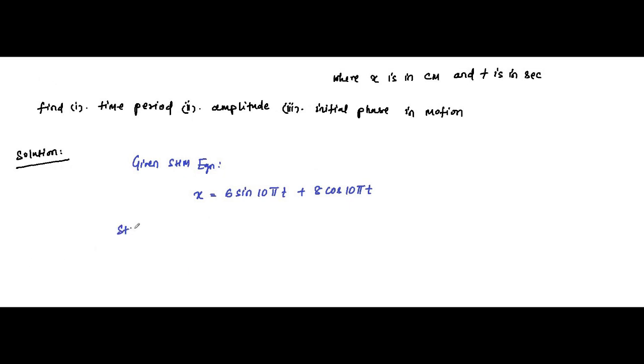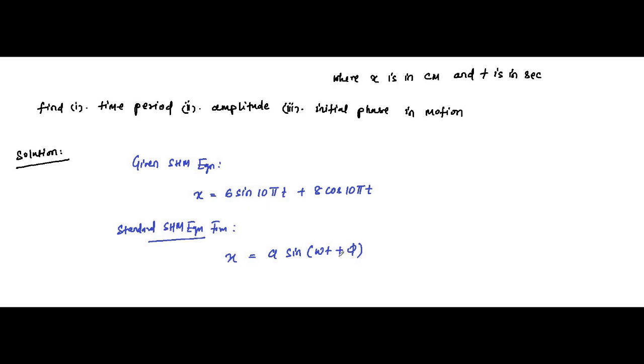The standard SHM equation form is x equals a sin(omega t plus phi). a is the amplitude, omega is the angular frequency, t is the particular time instant, phi is the initial phase.